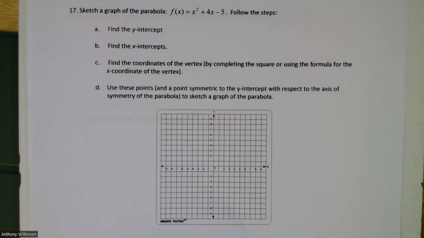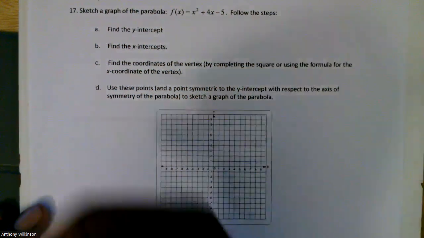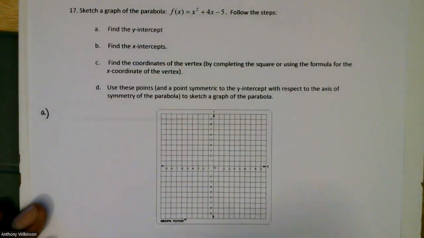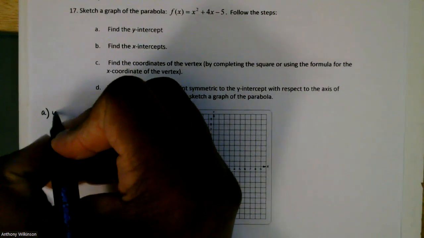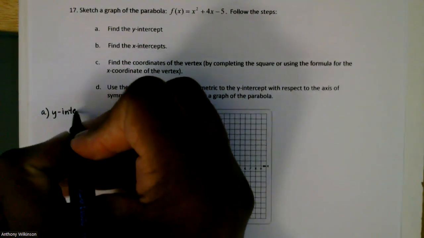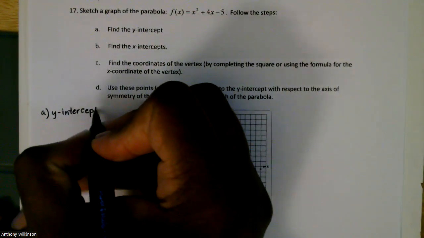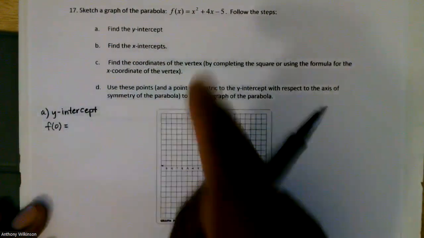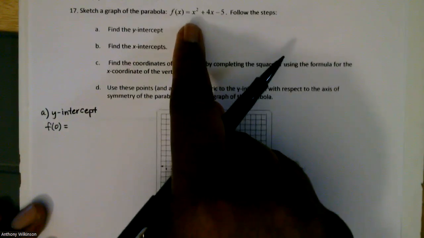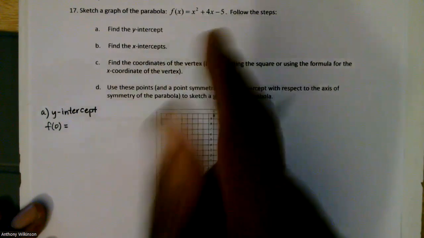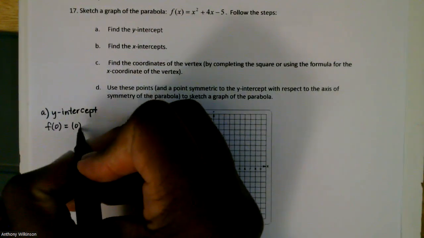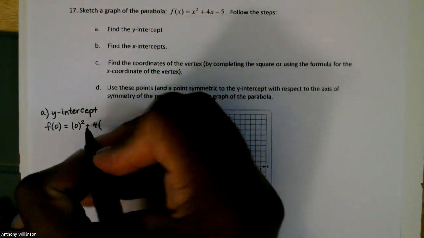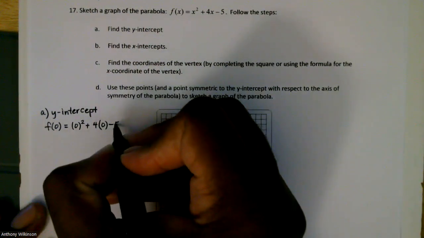In part A, you're going to find the y-intercept. Okay, so to find the y-intercept, you always let x equal 0. So in other words, you're going to evaluate f of 0 by taking this function and replacing each x with 0. So this will be 0 squared plus 4 times x, which is 0, minus 5.